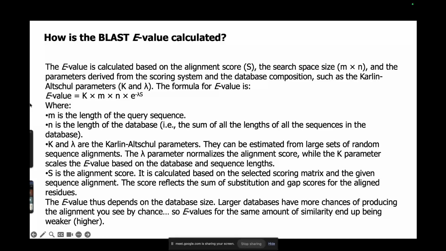How do you calculate these constants? You fit this model to a large data set, possibly of your database only, and then you know the E value for the different sequences. You know m, you know n, you know s. M and n are the lengths, s is the alignment score, and so on. And then you calculate k and lambda from the data itself.